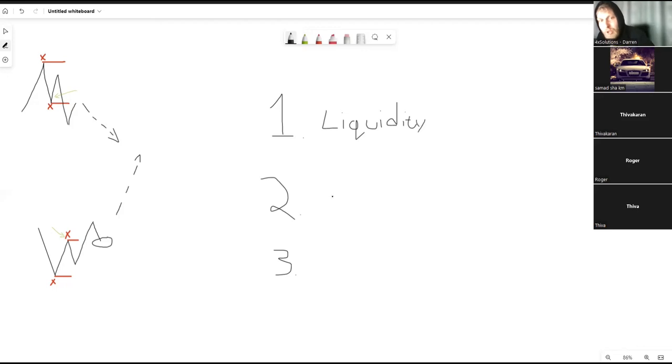Number 2 is what? Order blocks and order flow, institutional order flow. That's it. Then number 3 is what?